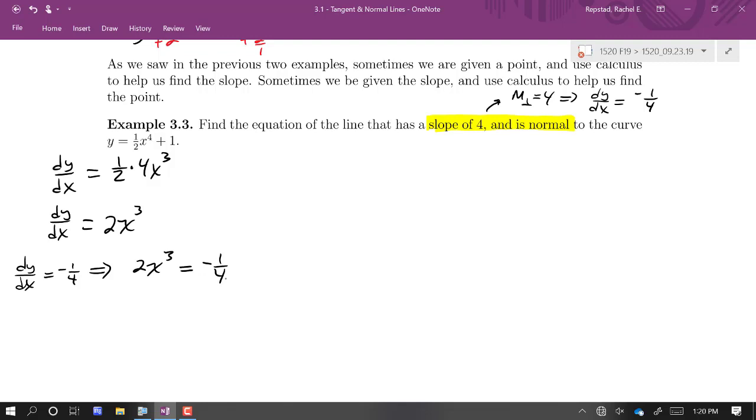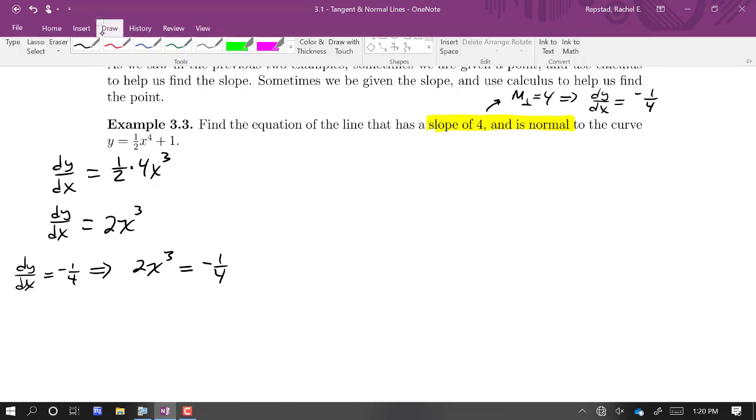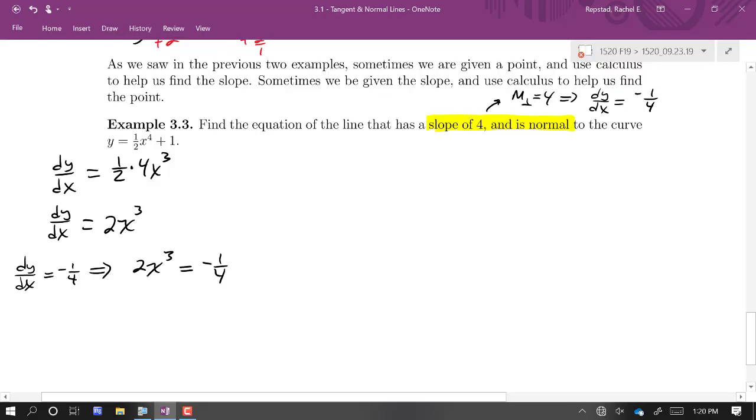I guess algebraically, we could divide both sides by 2, and that'll at least isolate the x cubed. Divide by 2 or multiply by 1/2. So we get x cubed is negative 1/8. So what is x?